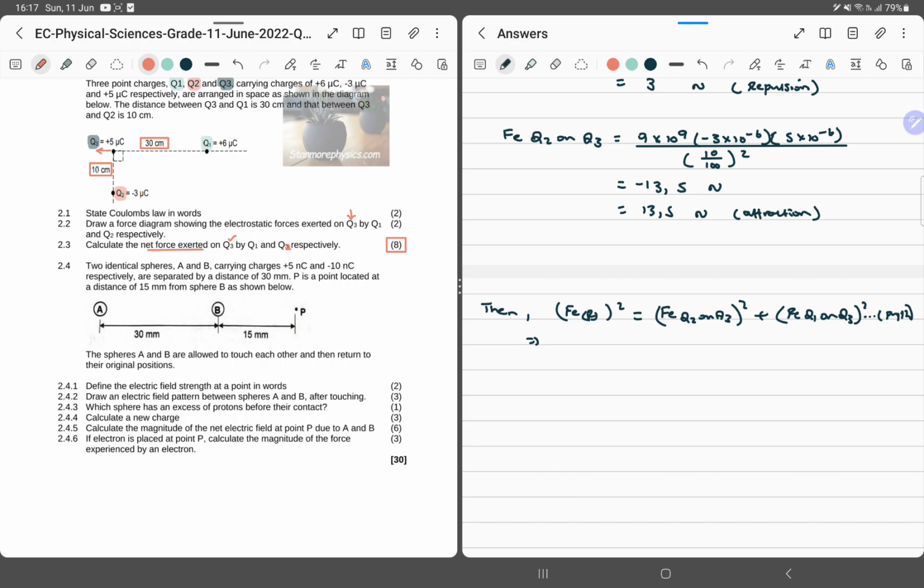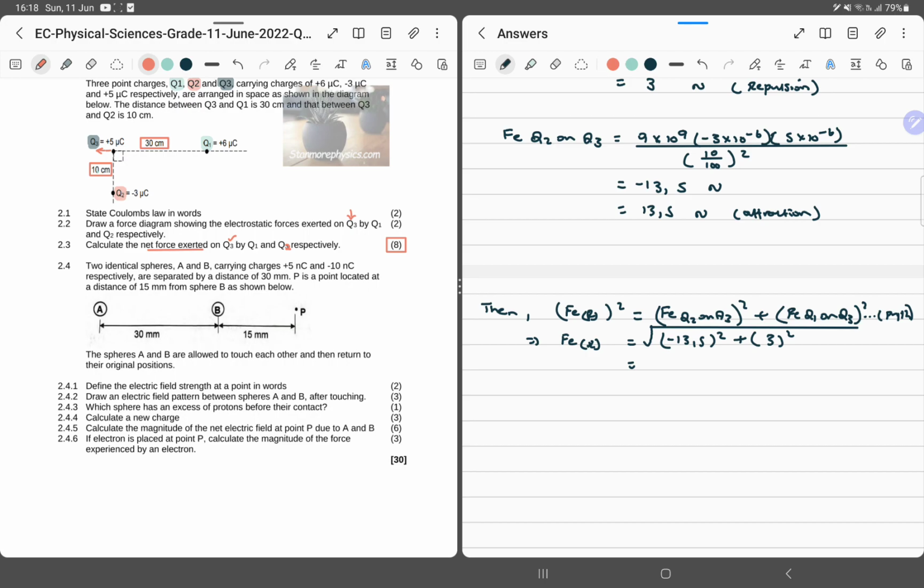This implies that Fe resultant is going to be equal to the square root of, now we're putting these ones, 13,5. Of course, you can put it negative, it's fine. It won't cause any harm. Squared plus, that one was 3 squared.